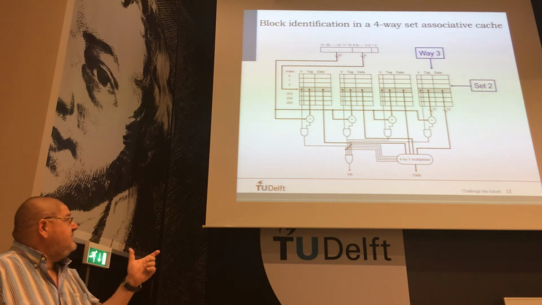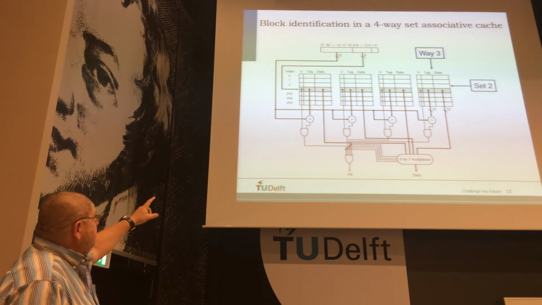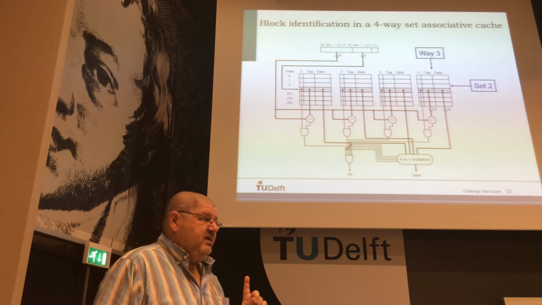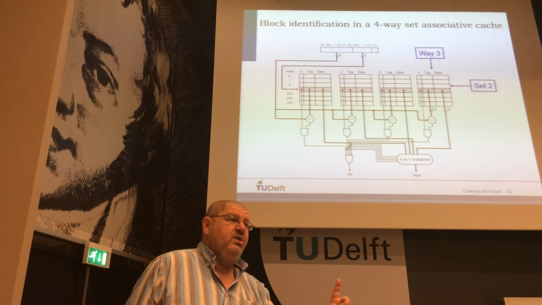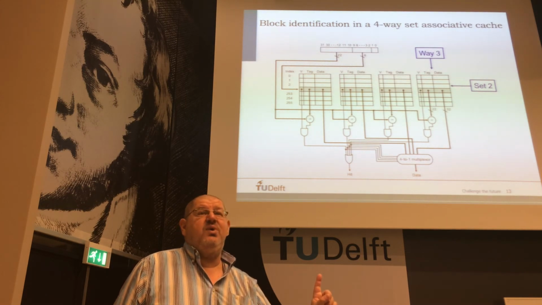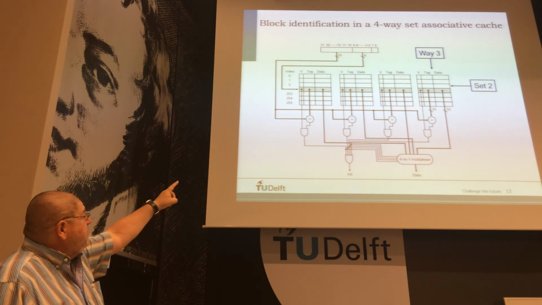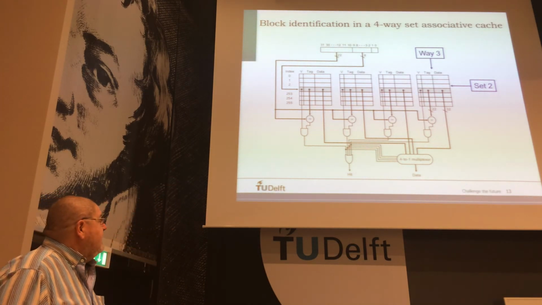I'm making the comparisons, and now each comparison will give me a certain result. The comparison is one thing, but the result of the comparison will be really true only if the valid bit is 1. Then I'm also going with that through an AND gate. If the valid bit is 0, no way.